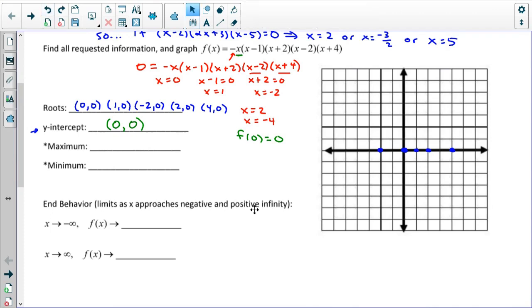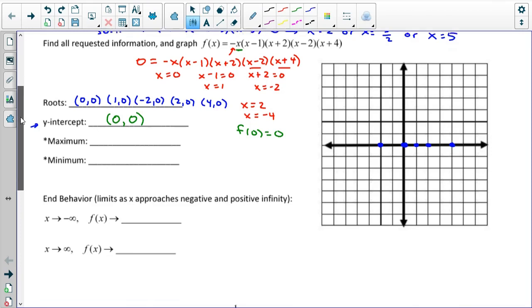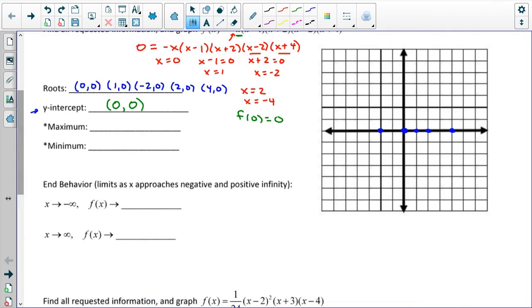So let's take a look at what happens as x approaches negative infinity. Obviously x can't actually equal negative infinity, but what happens as the x values move further and further to the left?